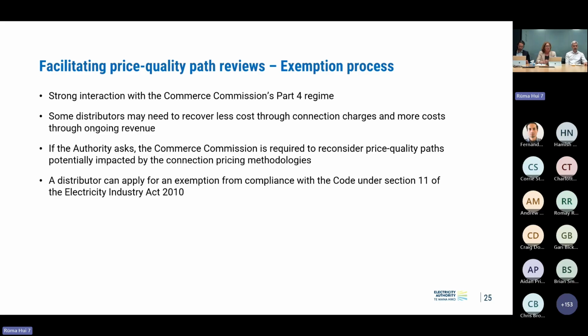In its recent draft default price path decision, the Commission outlined its approach to financeability, which involves undertaking a notional financeability sense check. We recognise this is a significant interaction between the connection pricing methodologies and the Commerce Commission Part 4 regime. We expect these matters can be worked through and resolved as the legislation anticipates under 54V of the Commerce Act.